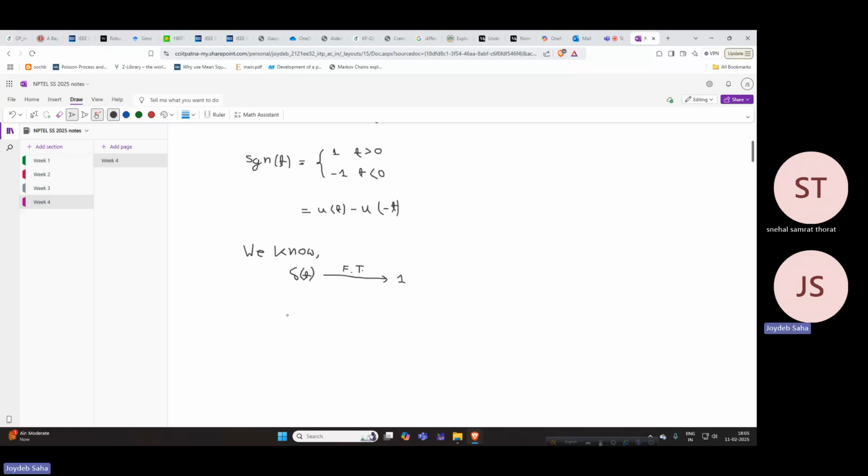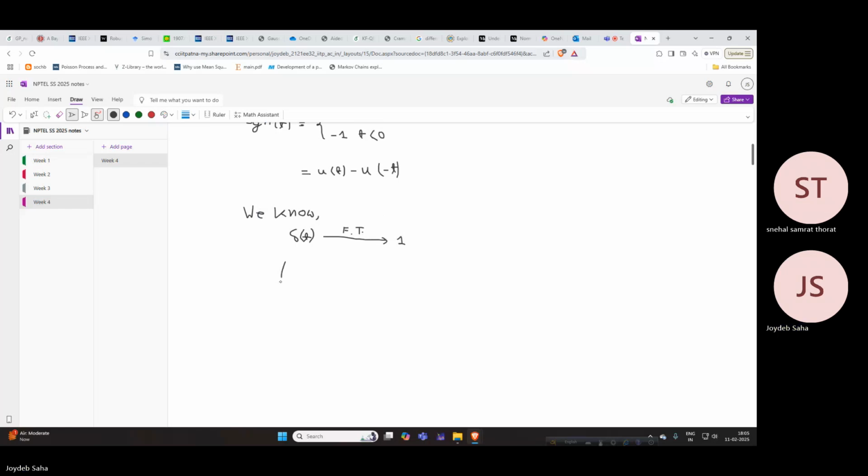So let us integrate from minus infinity to plus infinity delta tau d tau.